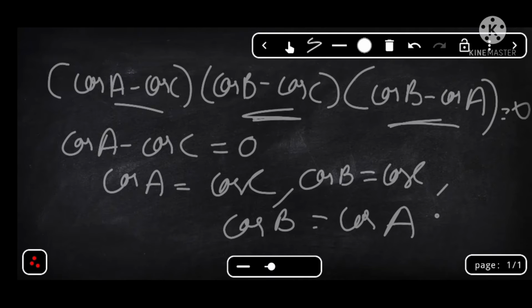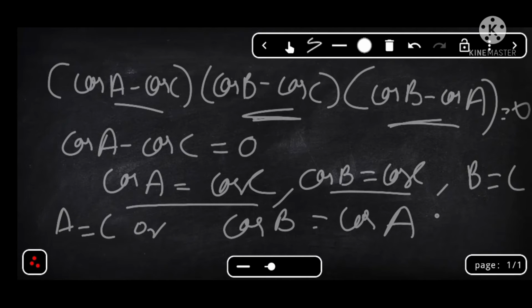So as a conclusion we can say, if cos A equal to cos C, then A equal to C, or if cos B equal to cos C, then B equal to C, or B equal to A. Hence, two sides of this triangle are equal, so that is what we have proved.